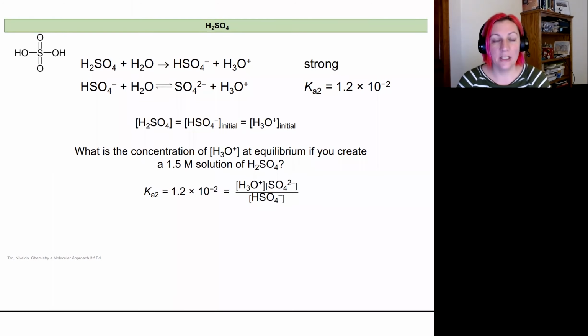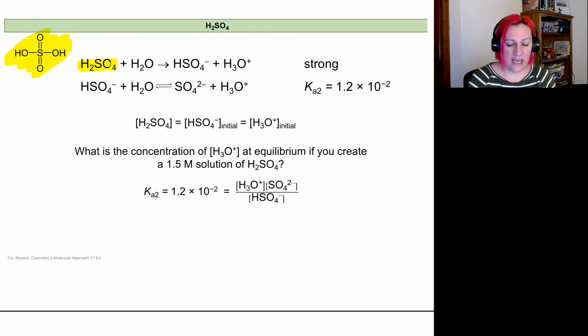So let's take a look at that sulfuric acid problem I implied. So here's sulfuric acid written up in the corner. And so we're going to have this sulfuric acid dissociate one proton, and we're going to form this HSO4 minus. HSO4 minus is going to have a Ka value then when it reacts with water to form SO4 2 minus of 1.2 times 10 to the -2.